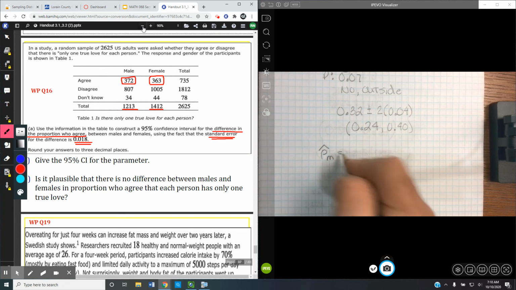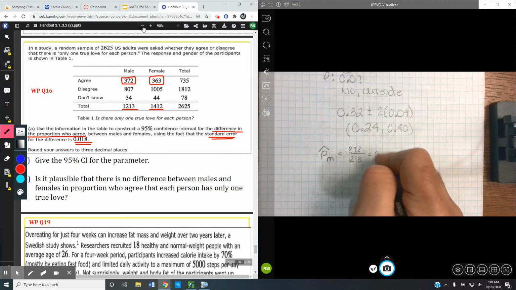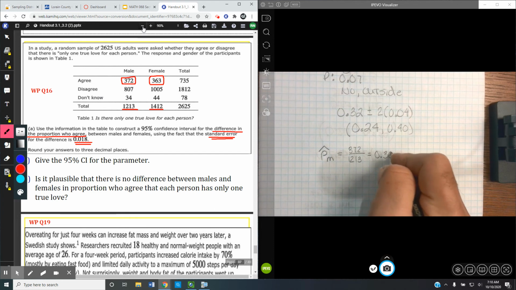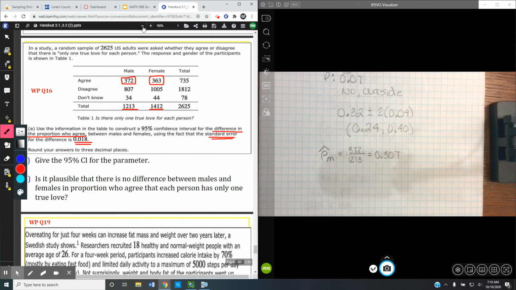The proportion of males is 372 over 1,213. Let's get a decimal value, 0.307. Let's get the p hat value for the females. Those were 363 out of 1,412.